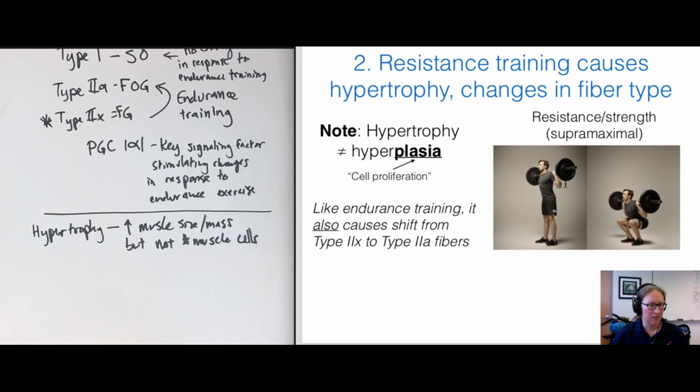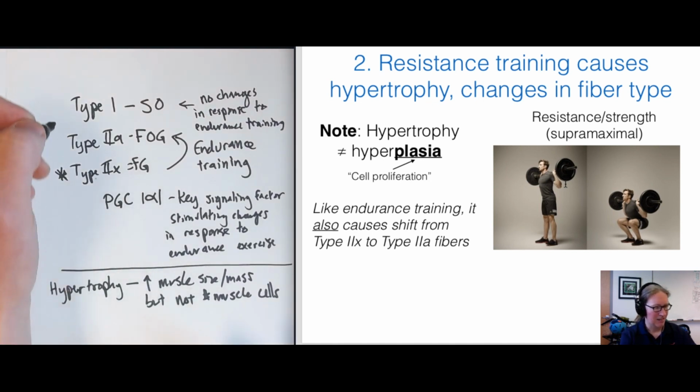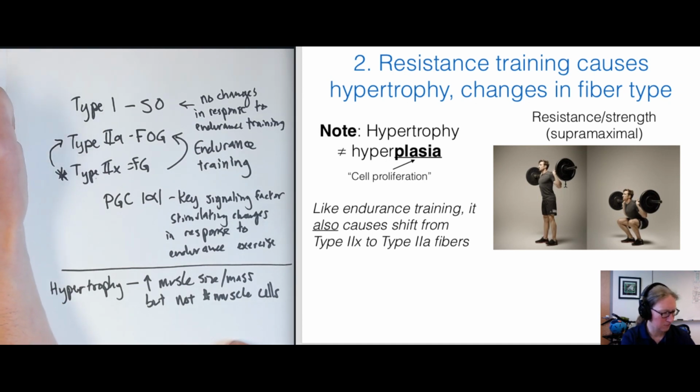So interestingly, resistance training leads to this outcome of hypertrophy, so larger muscle fiber size, larger muscle fiber cross-sectional area, right? So an increase in potential force production. And it also leads to a change in fiber type. And perhaps paradoxically, what happens during resistance training is also a shift from type 2X towards type 2A fibers.